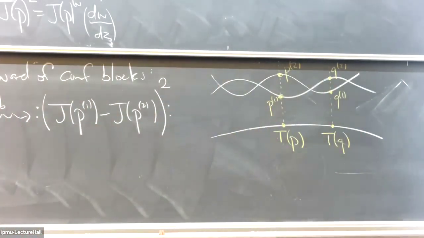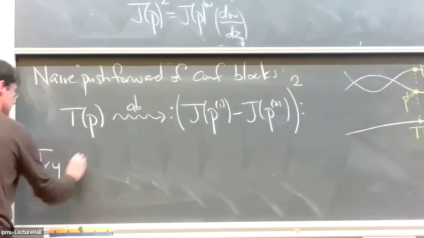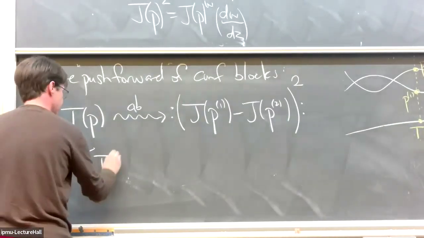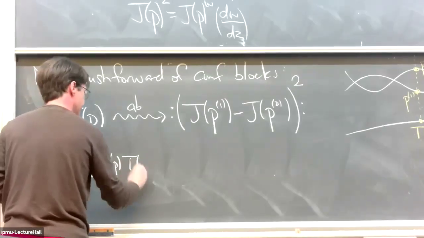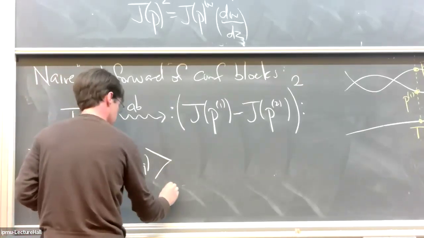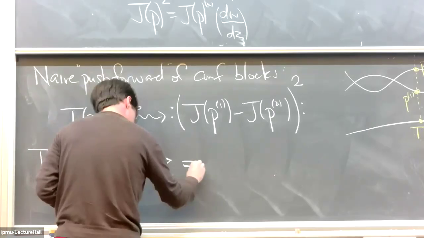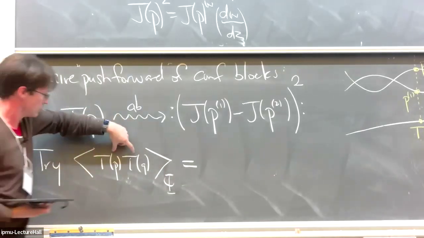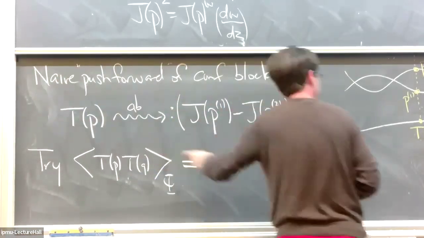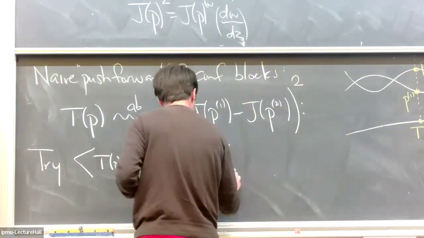And then you would try to say, okay, the correlation function of, say, T of P, T of Q. So the proposed construction of these functions could be to just do the following.